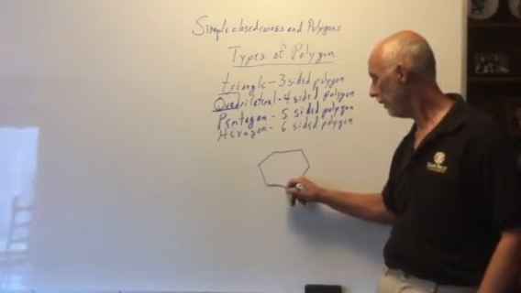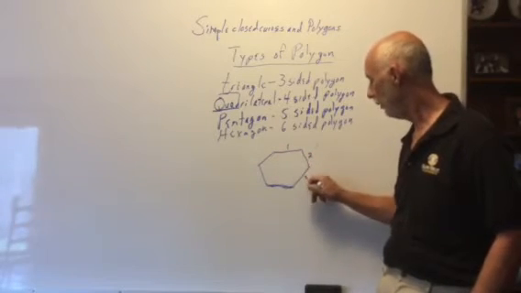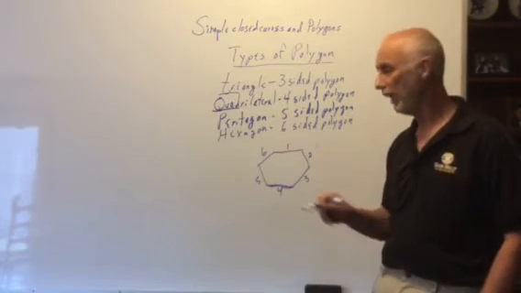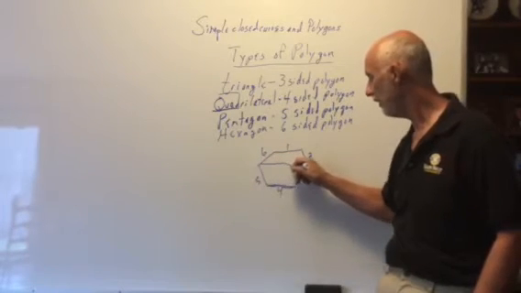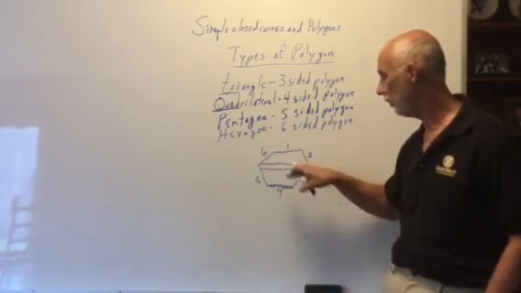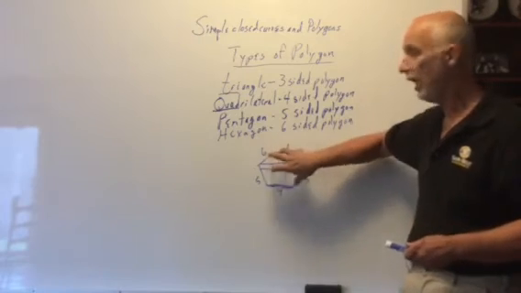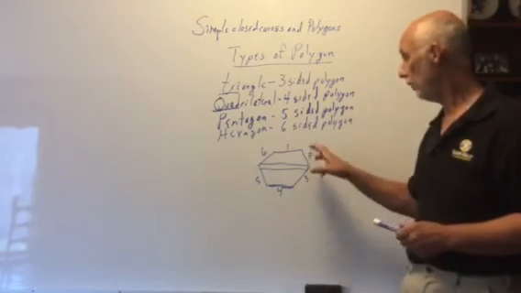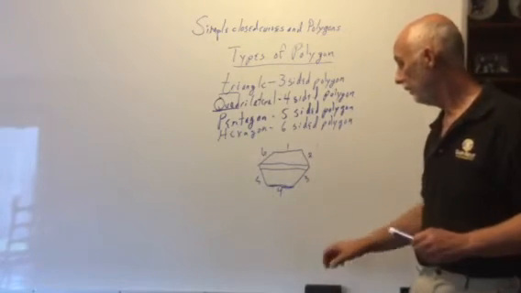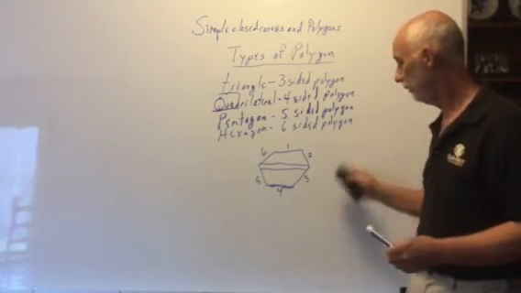Okay, but it does have six sides. 1, 2, 3, 4, 5, 6. By the way, most hex nuts have a little slot right here so that you can move the nut with a screwdriver. Or you can take a socket wrench and put it on the outside and it fits on the hex nut. And again, hex means six, so a hex nut is a six-sided polygon.